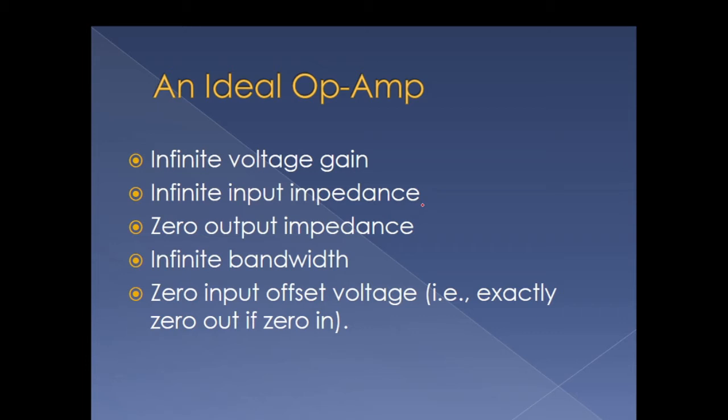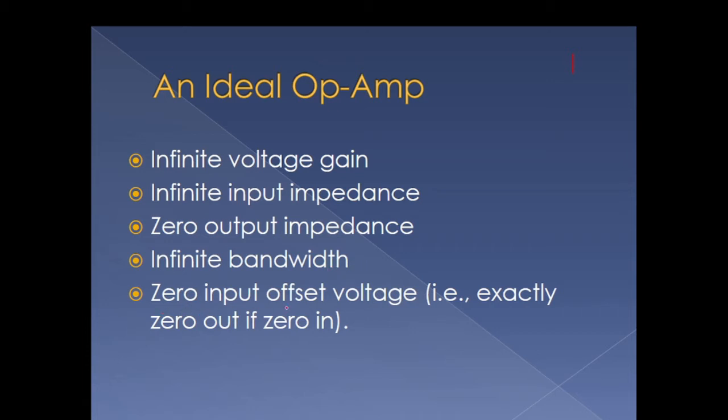Infinite input impedance. Input impedance means resistance, so the input resistance is nearly infinite in the case of an ideal operational amplifier. Zero output impedance: there is no output resistance at all. Impedance is nothing but resistance in DC cases. Infinite bandwidth: bandwidth means the range of frequencies allowed, so infinite means all frequencies are allowed.